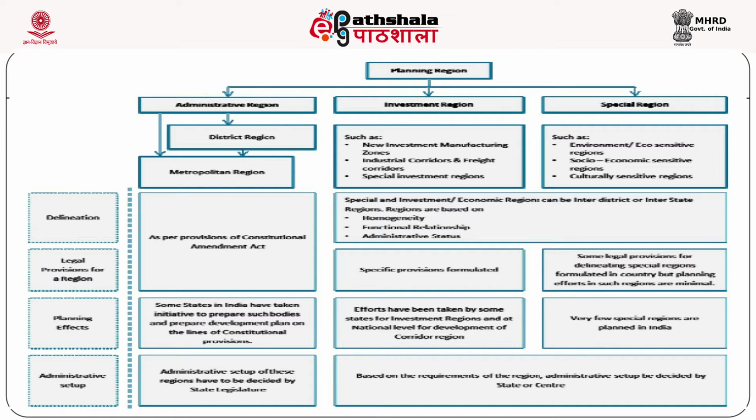So specific provisions are formulated for such regions, and efforts have been taken by some states for the investment regions and at national level for development of the corridor as a corridor region. So we have for example, the DMIC, the Delhi Mumbai Industrial Corridor. So that was an example of an investment region.